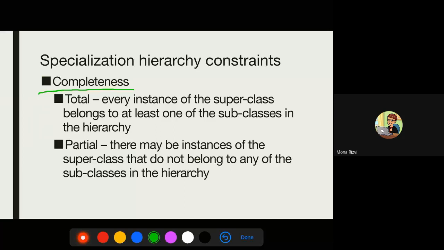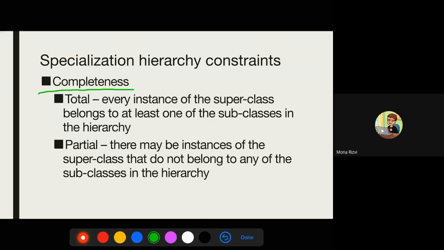So is it possible to have one instance in the superclass that doesn't belong to any of the subclasses? So total means that every instance of the superclass belongs to at least one of the subclasses, and then partial means that there can be some instances that don't fall into any of those subclasses.